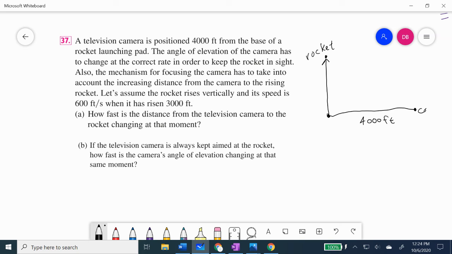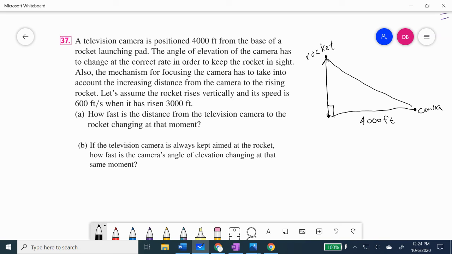So there's my camera. And the angle of elevation of the camera has to change. That's going to be involved in part B. So I'll wait on that. But I will draw my right triangle.